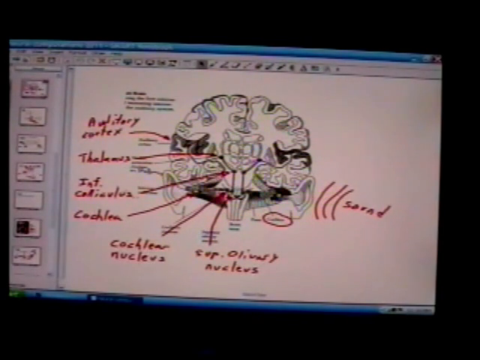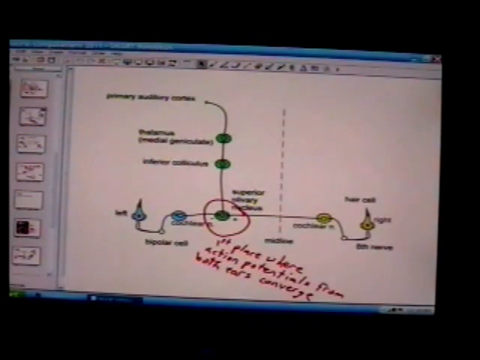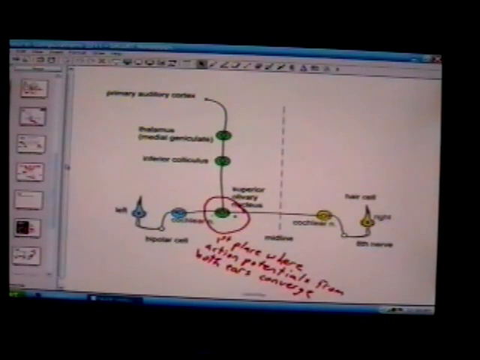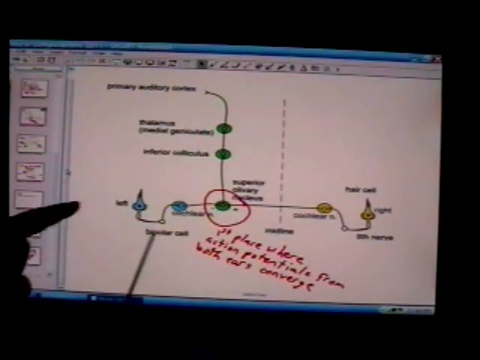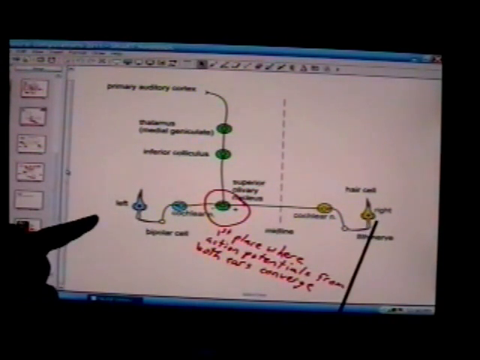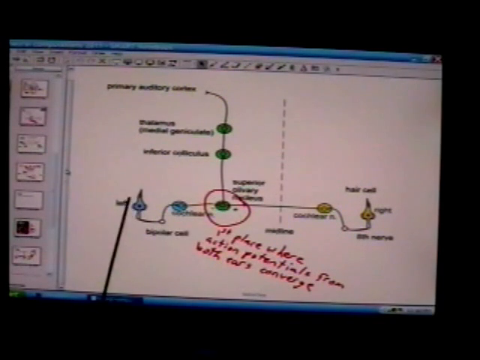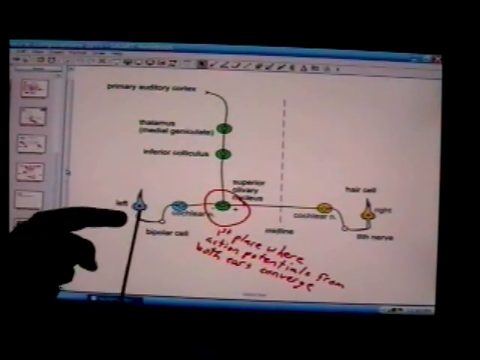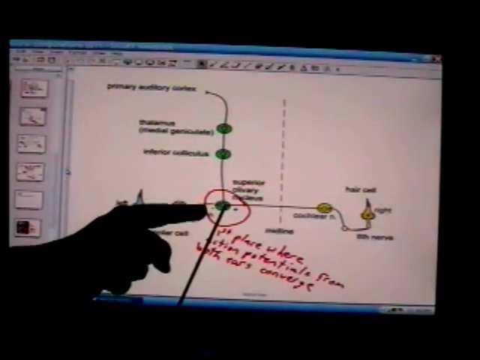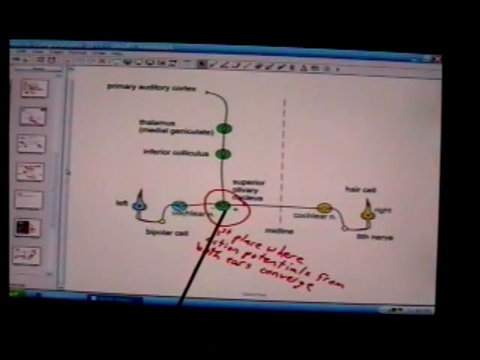Now we're going to take a look at a magnification of the superior olivary nucleus. Here's the left ear and here's the right ear. Here are the hair cells, and when they vibrate, they send action potentials down. Here's the cochlear nucleus, that first relay station, and here we are, the superior olivary nucleus. Notice that sound information from the left ear and the right ear is converging in the superior olivary nucleus.